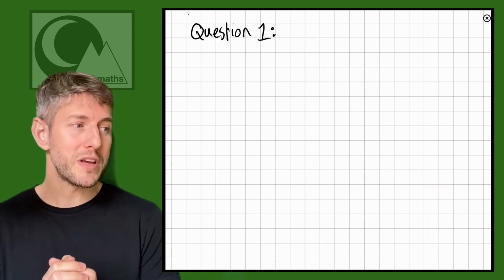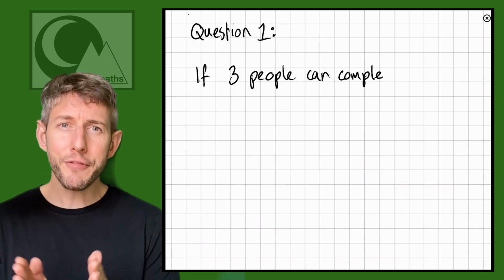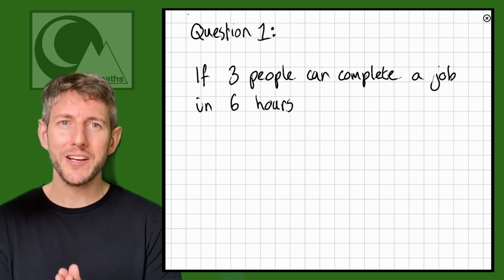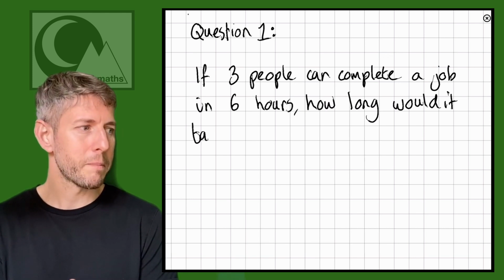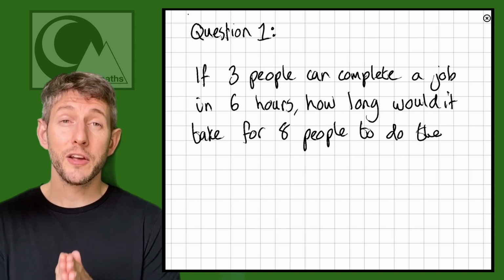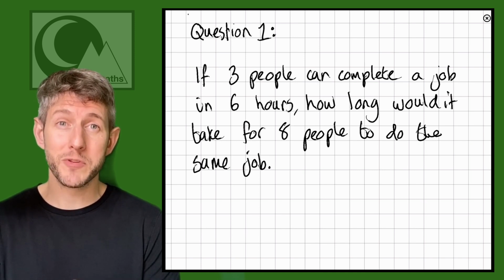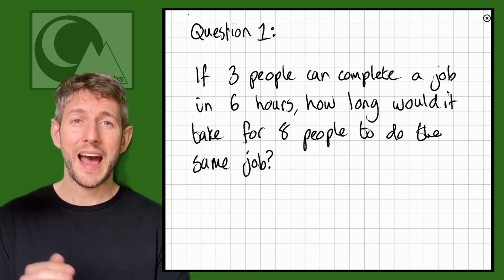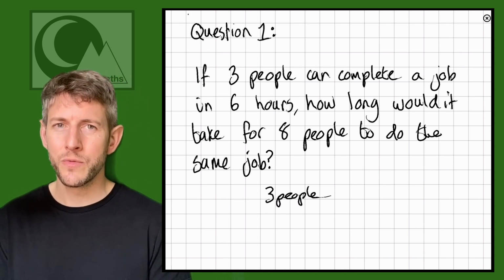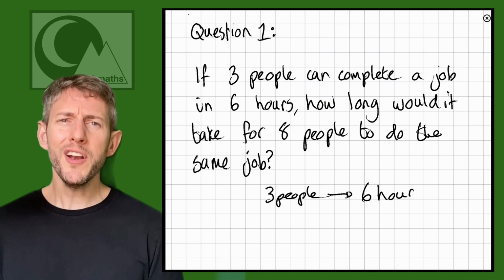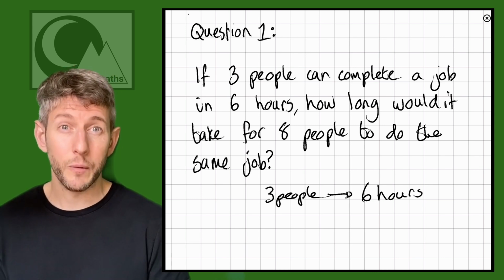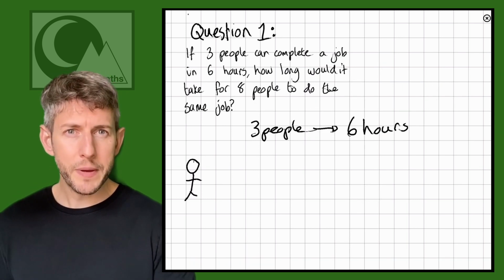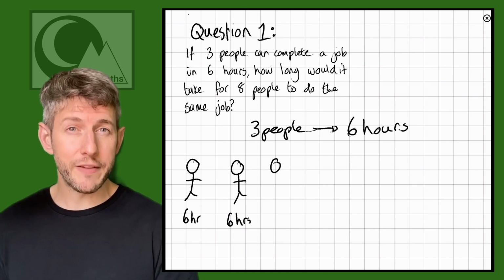So our first question here is, if 3 people can complete a job in 6 hours, how long would it take for 8 people to do the same job? So 3 people can do the job in 6 hours. How long will it take 8 people to do the same job? Right, so if I know that 3 people take 6 hours to do it, that's 3 people all individually giving 6 hours.